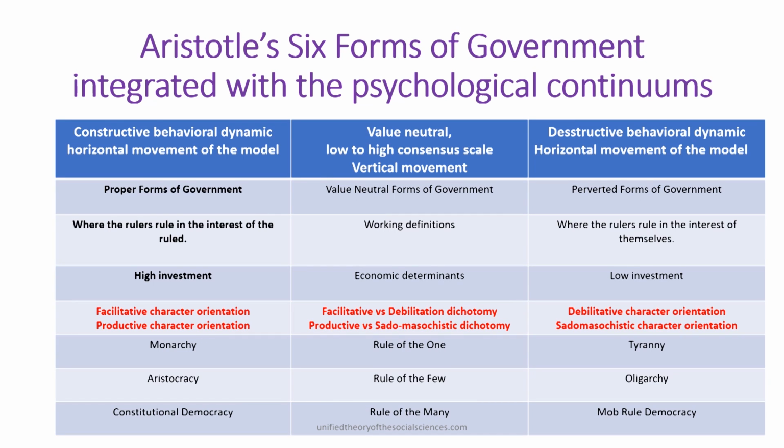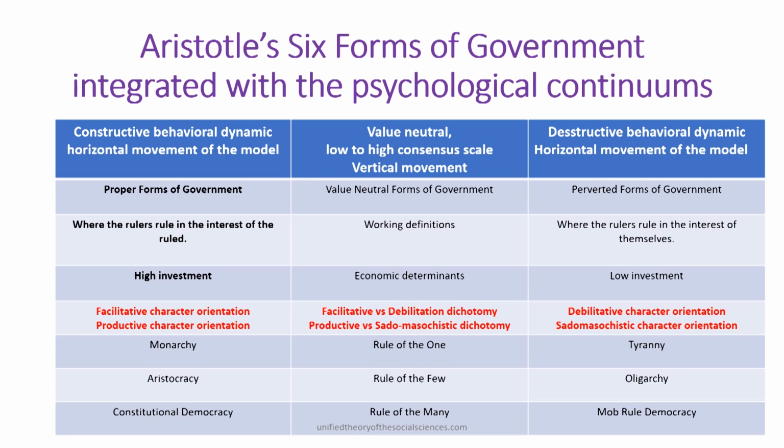Okay, this chart integrates Aristotle's six forms of government with psychological theories. In the proper forms, where the rulers rule in the interests of the ruled, they typically have high investment, which is a manifestation of a facilitative or productive character orientation dynamic. And that's the categories that include monarchy, aristocracy, and constitutional democracy.